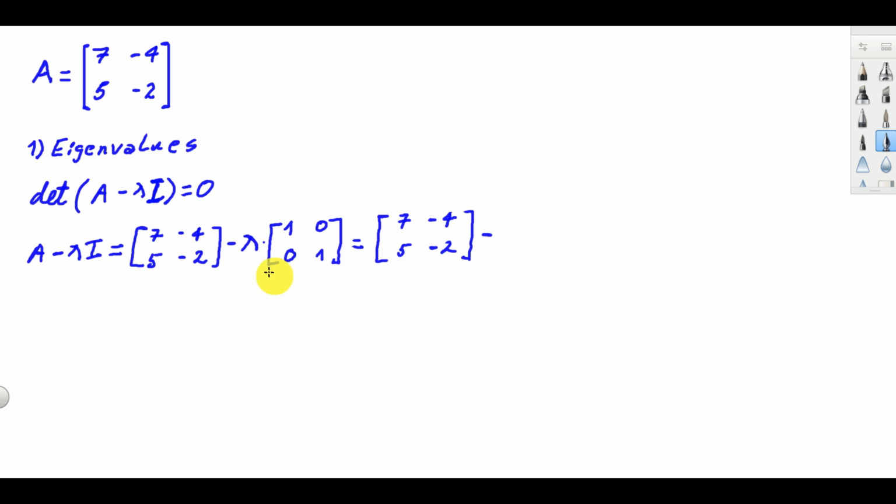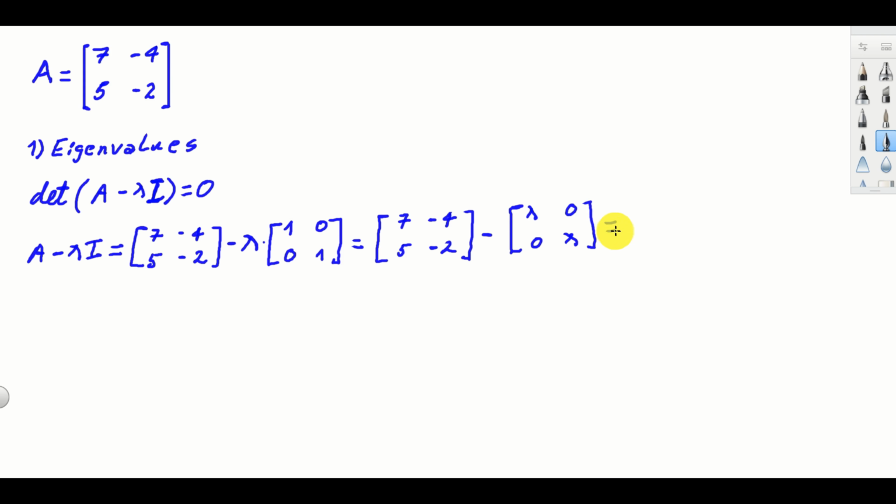And over here we have lambda, a complex number, and if you multiply lambda by the identity matrix, we obtain lambda, 0, 0, lambda. That is, multiplication of a complex number and a matrix is performed element-wise. That is, lambda multiplies this entry, lambda multiplies this entry, lambda multiplies this entry, and lambda multiplies this entry.